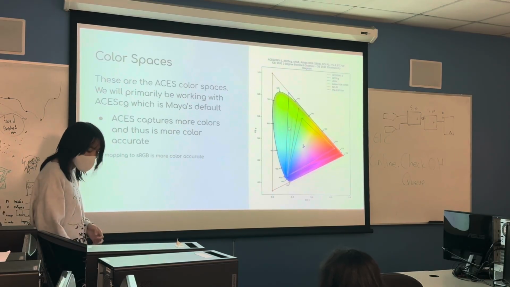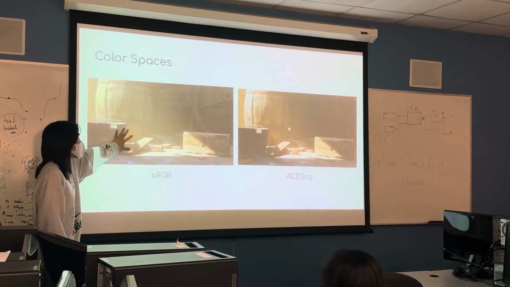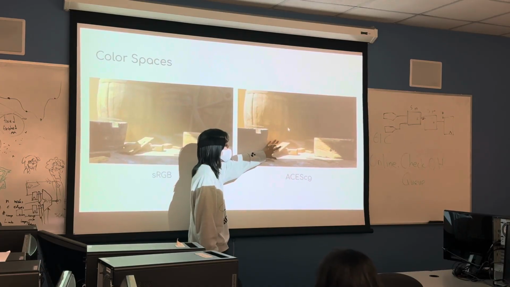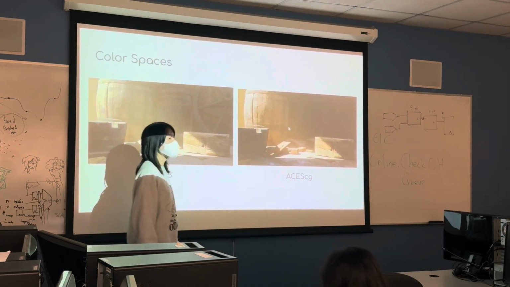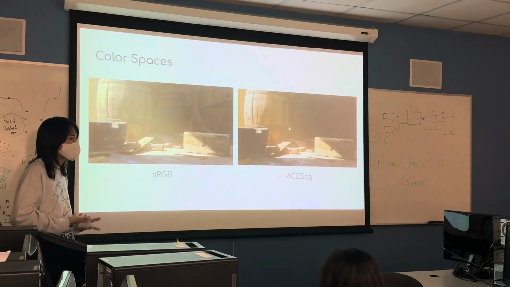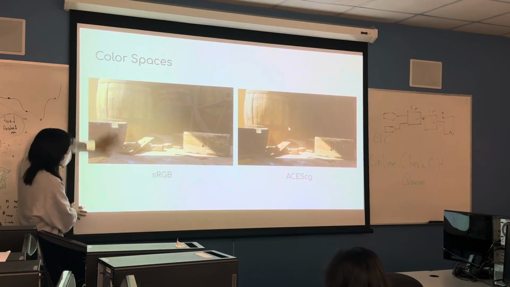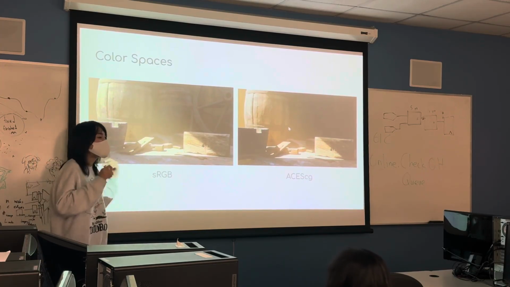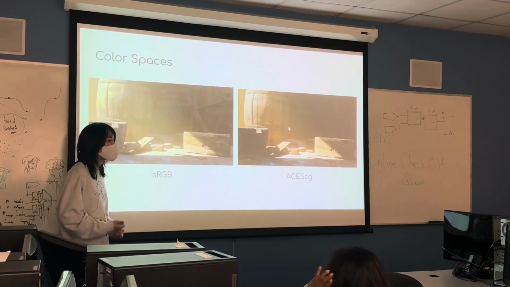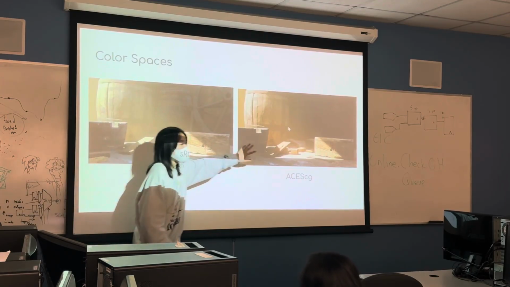So as a bit of a visual, if I were to do something in sRGB color space, this is what it looks like. If I were to do something in ACES CG, this is what it would look like, right? I'm assuming here that the projector might use a different color space than sRGB, but let's say the image you're seeing on this projector screen is in sRGB. But the calculations that were done when producing this image were either in sRGB or in ACES, right?